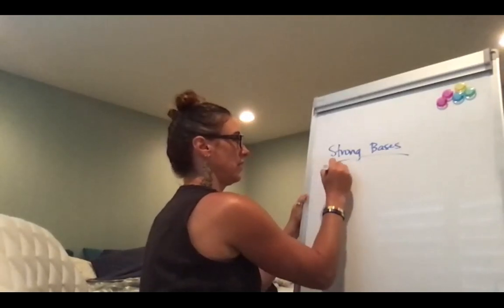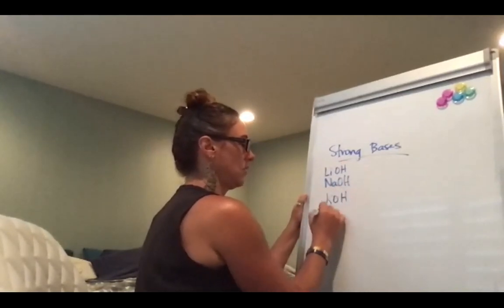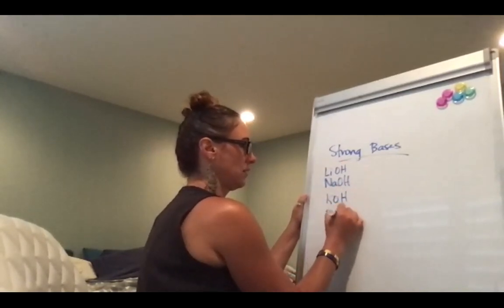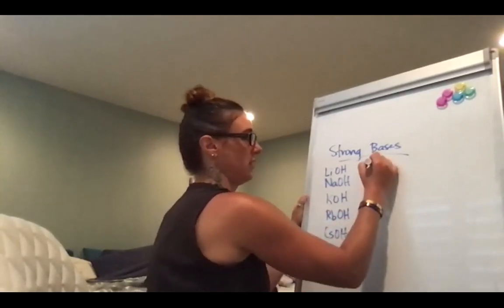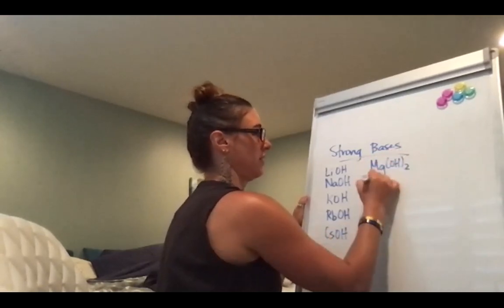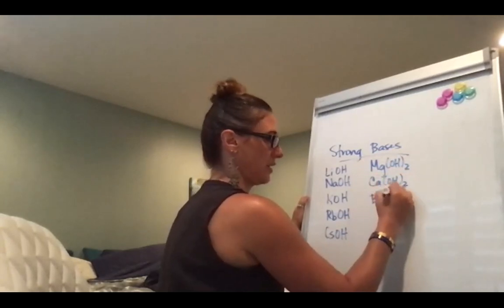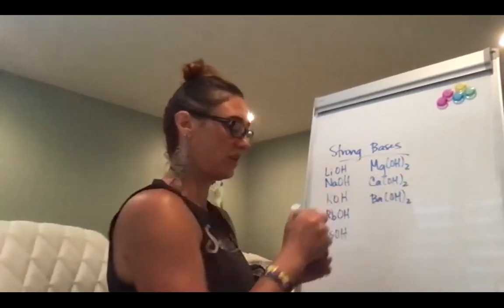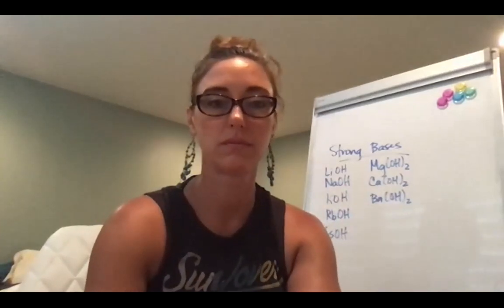So we have lithium hydroxide, sodium hydroxide, potassium hydroxide, rubidium hydroxide, cesium hydroxide, and then magnesium hydroxide, calcium hydroxide, barium hydroxide. Okay, so in other words, if you look at a periodic table, let me find a periodic table real quick.